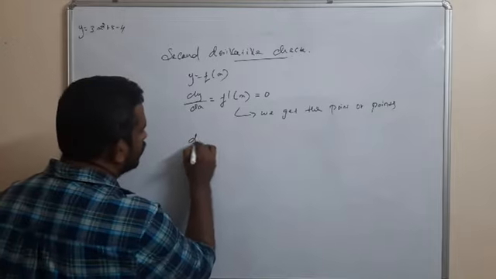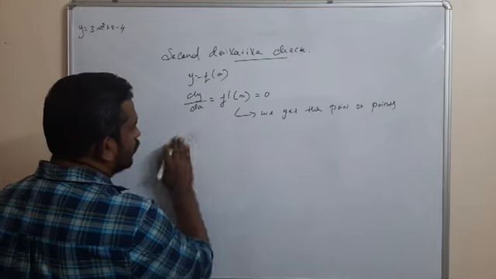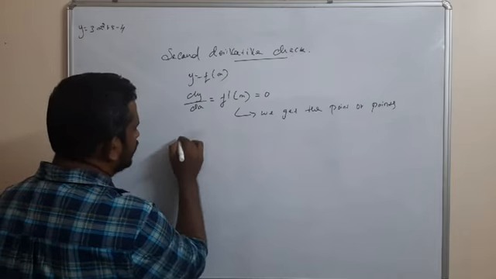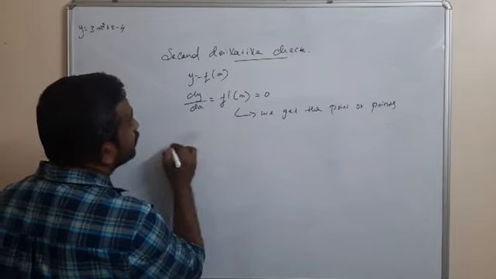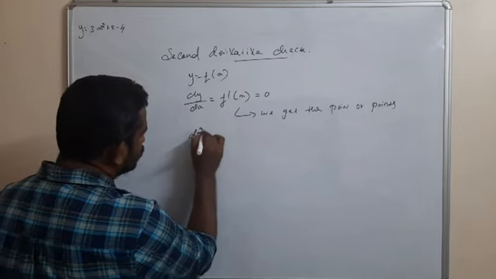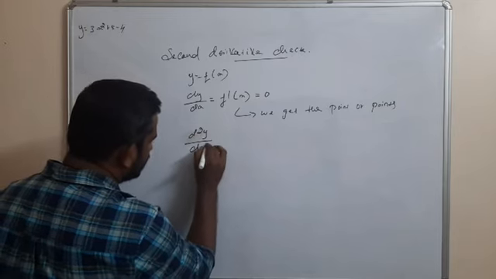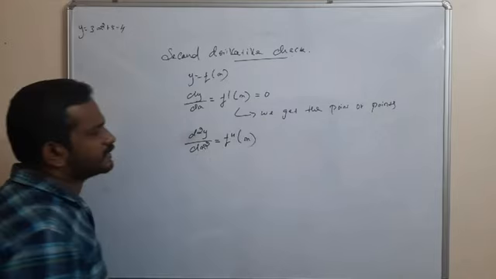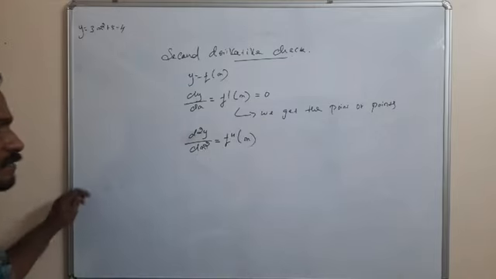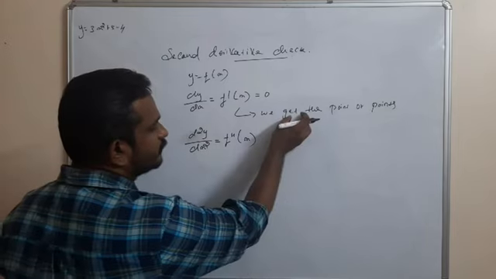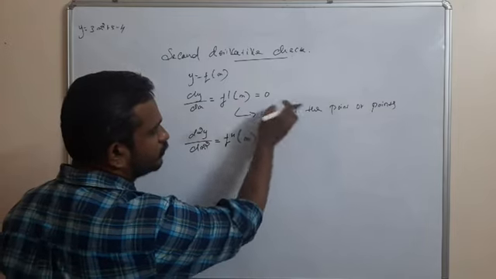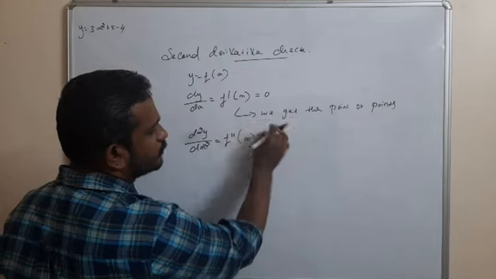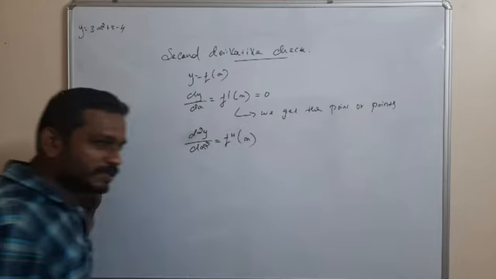Now to find the second derivative, that is d square y by dx square, that is equal to f double dash of x. In the first derivative, equating it to 0, we get the point or points.